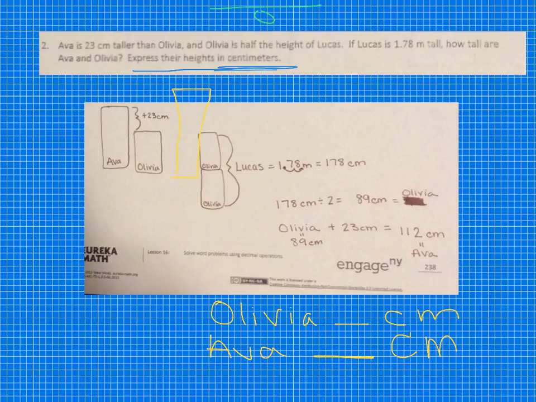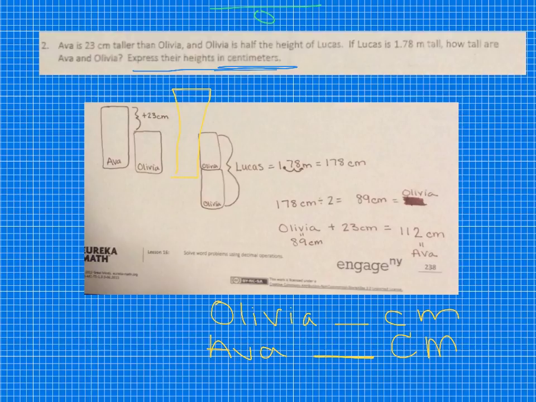Now, we're going to find out all the other girls in centimeters. So off the bat, we can figure out that Lucas is 2 of Olivia, all right? I could cut Lucas in half, essentially, right? And come up with how tall Olivia is. So I'm going to take 178 centimeters, divide that by 2, and I'm going to get 89 centimeters is how tall Olivia is.